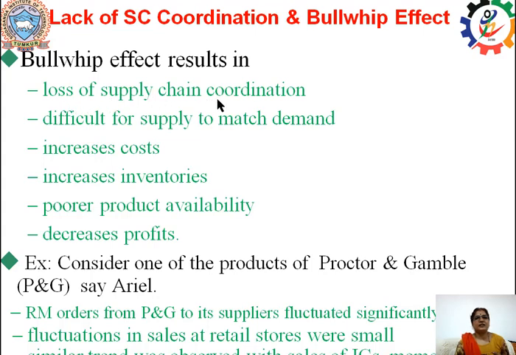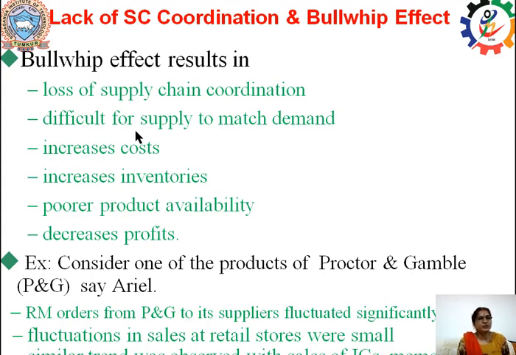First, it will have a negative impact on supply chain coordination. The relationship between the stages will worsen. It is not possible to match supply and demand. The costs increase. Inventories, they try to keep more and more. Despite that, there will be stockouts and poorer product availability.